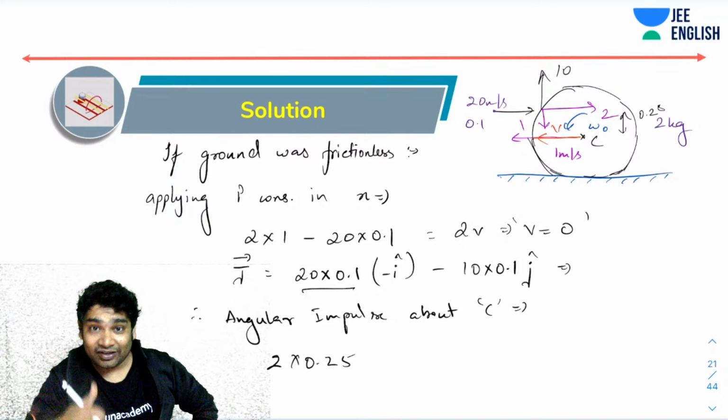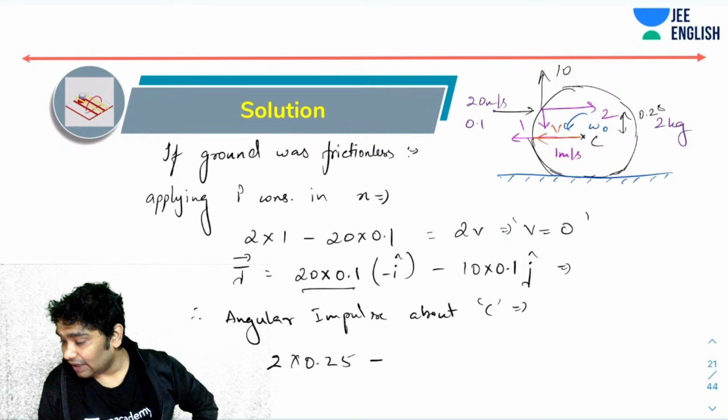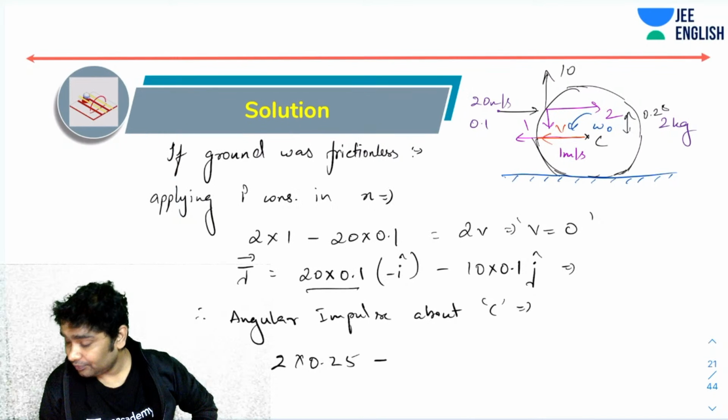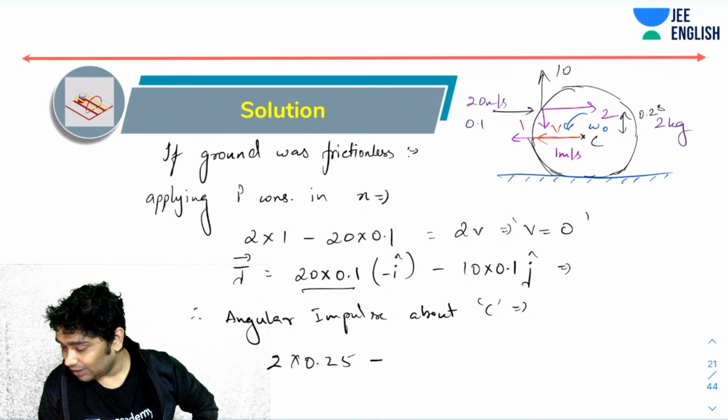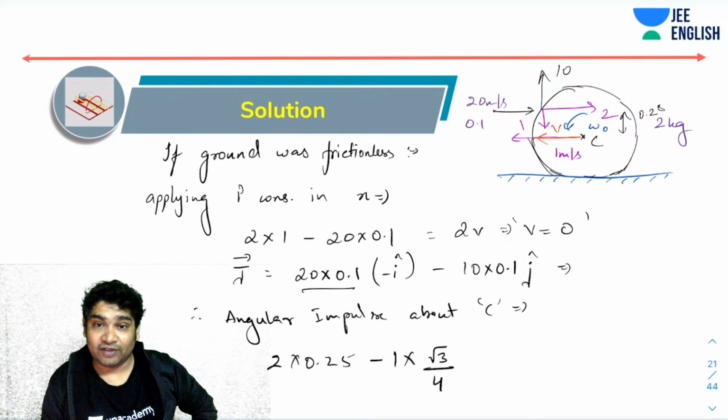Then you have a counterclockwise impulse, so minus 1 into root 3 by 4, because R was 0.5.